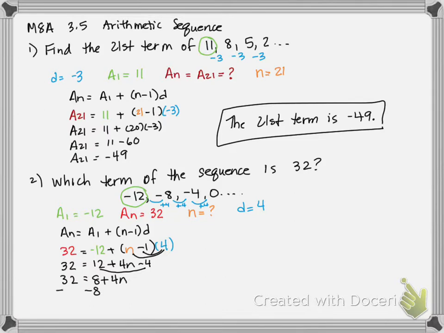I'm going to subtract 8 from both sides. And that's going to give me 24 equals 4n. I'm going to use the symmetric property. I'm going to divide by 4, and I get n equals 6.